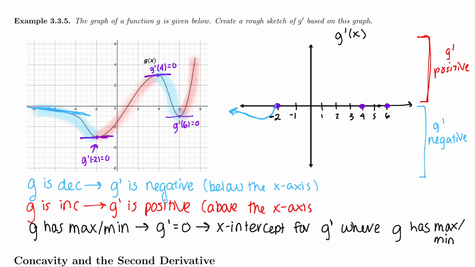For the rest of the graph, this thing starts off kind of shallow, but then it gets pretty steep and then it gets less steep. So you could just do one of these because it's less steep and then more steep.